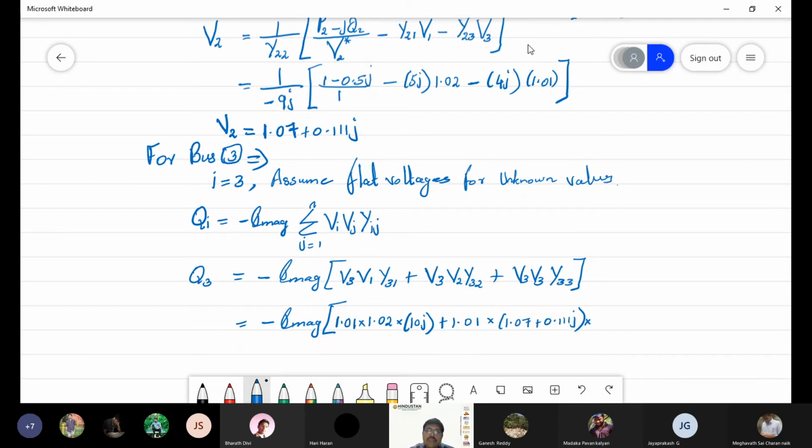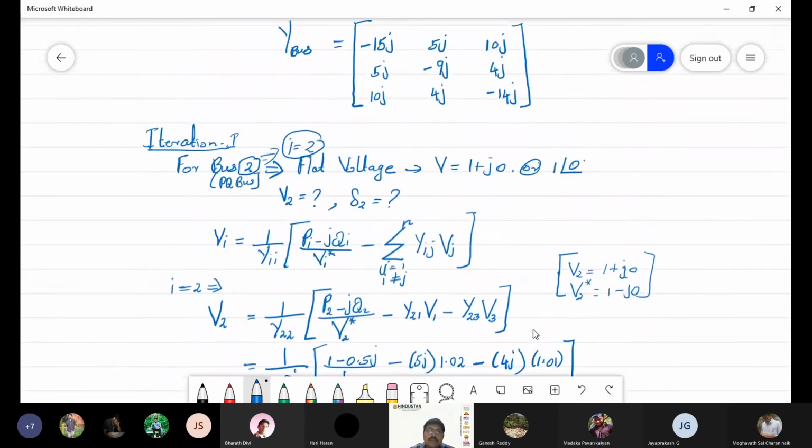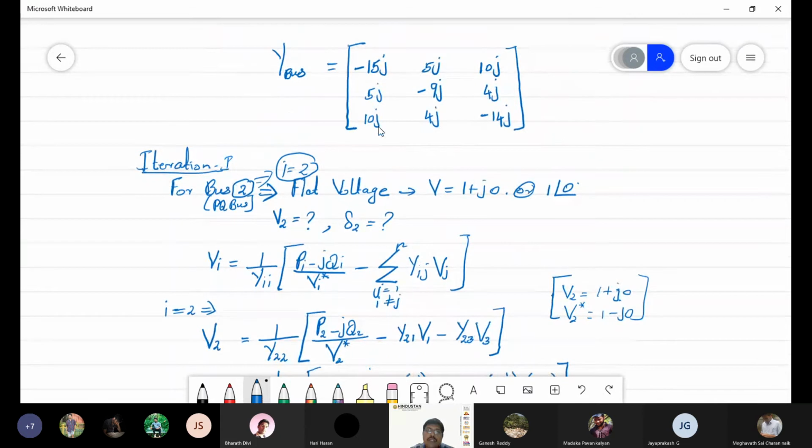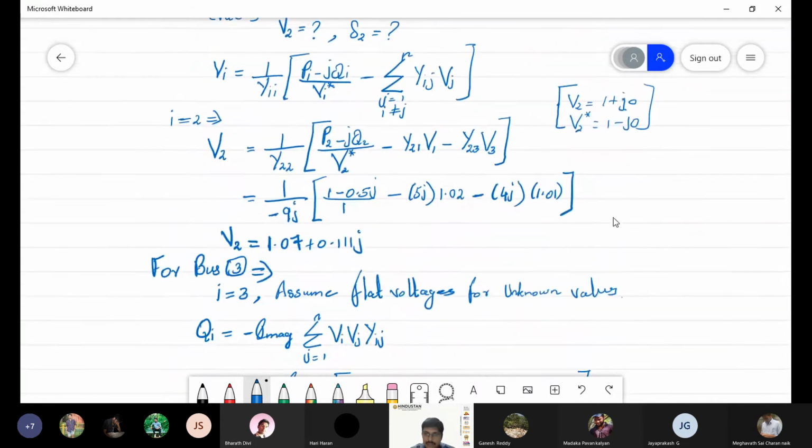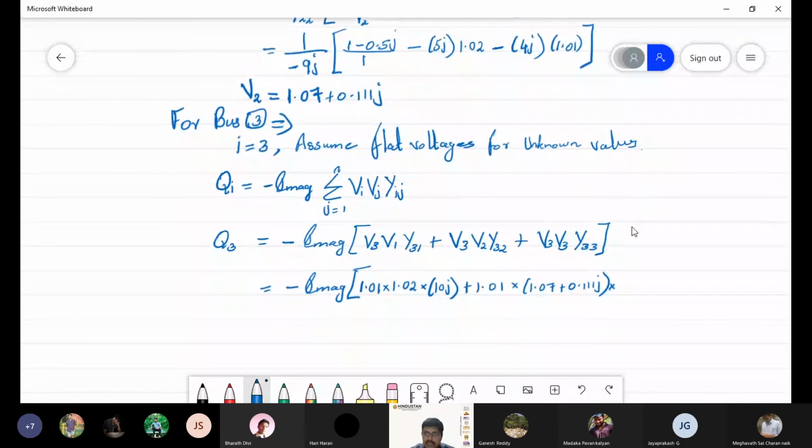What is Y32? We need to see our Y bus. Y32 is 4j.